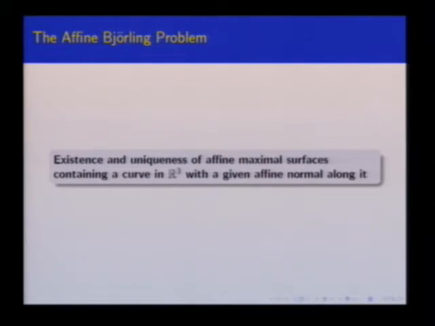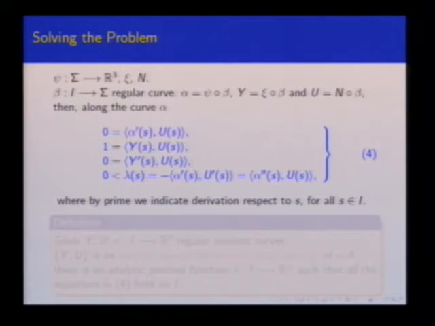In order to understand that, if we consider an affine maximal surface with affine normal y and affine conormal vector u, which is harmonic, then given any curve beta, if we denote by alpha, y, and u the curve, the affine normal and the affine conormal along beta, then the equations here always hold trivially.